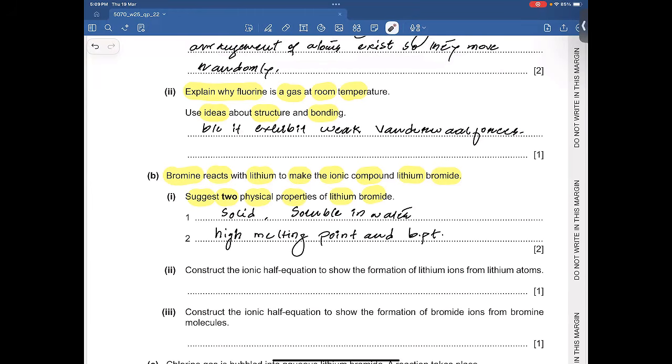And also they conduct electricity in aqueous medium or in molten state. So by the way, the examiner is looking for physical properties. I have written three, so you can write any two of them.